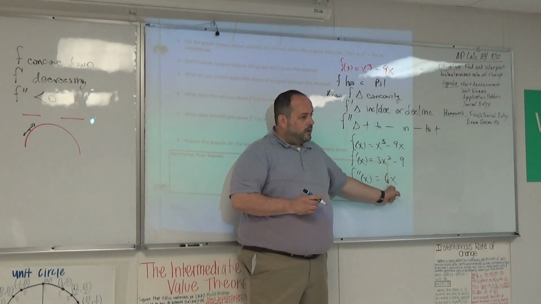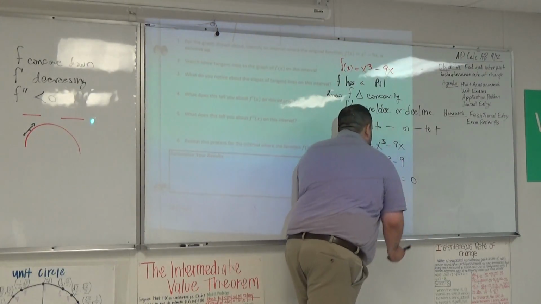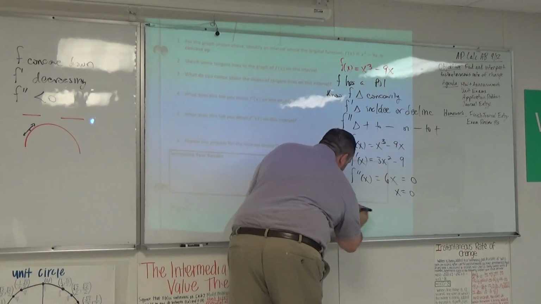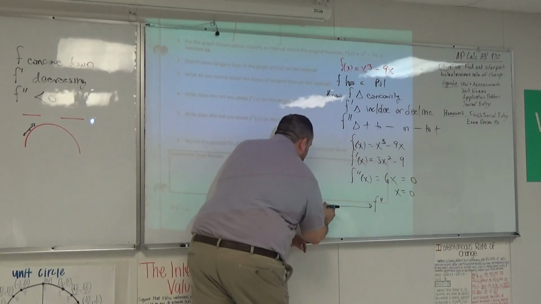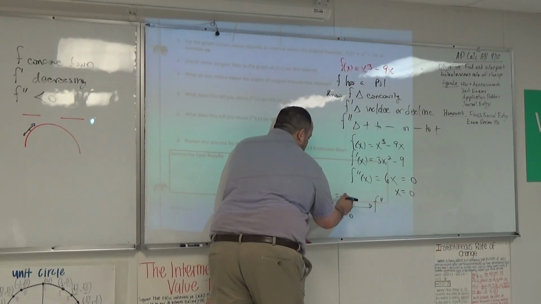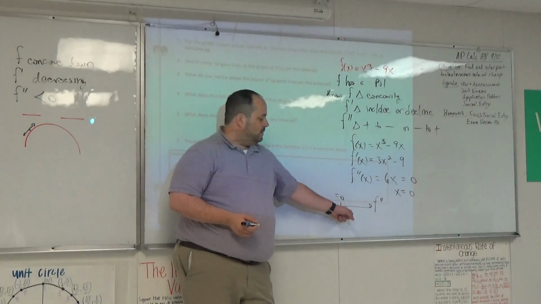This is what I'm going to set equal to 0. Easy peasy. If 6x is equal to 0, then x is equal to 0.